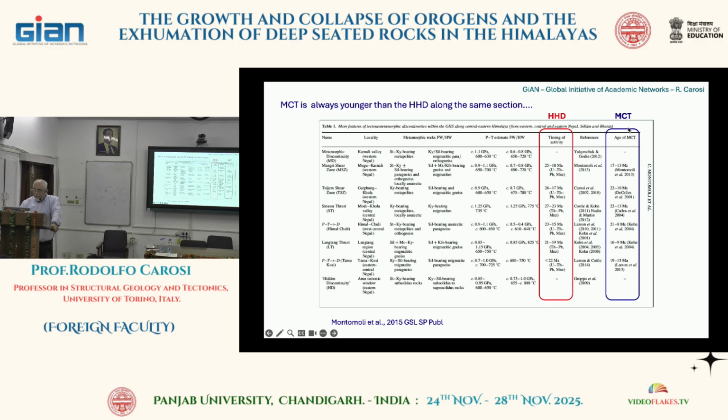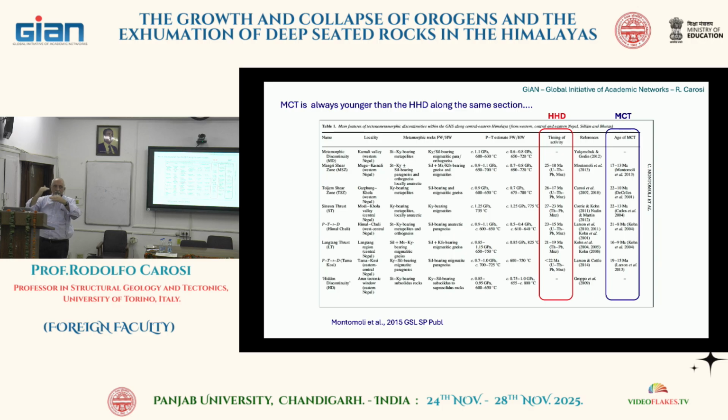And if we compare the age of the Main Central Thrust and this HHD, the Higher Himalayan Discontinuity, we find that along the same section the HHD is older than the Main Central Thrust, because sometimes in the literature they are confused. If you do not make a distinction between these two shear zones, sometimes people put them all together or confuse the Main Central Thrust, especially when they are very close.